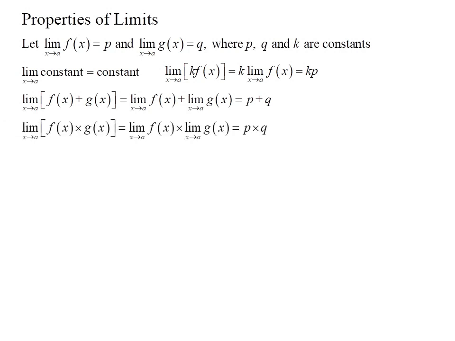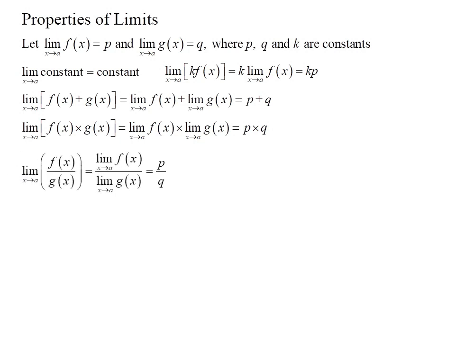The following property is the product property, in which the limit of f of x multiplied by g of x as x approaches a equals the limit of f of x as x approaches a multiplied by the limit of g of x as x approaches a, which equals p multiplied by q.